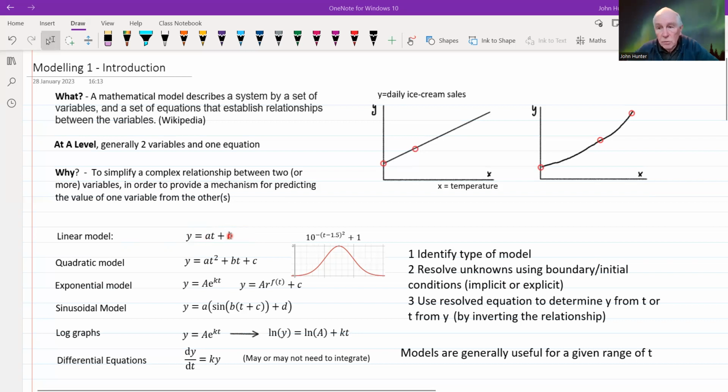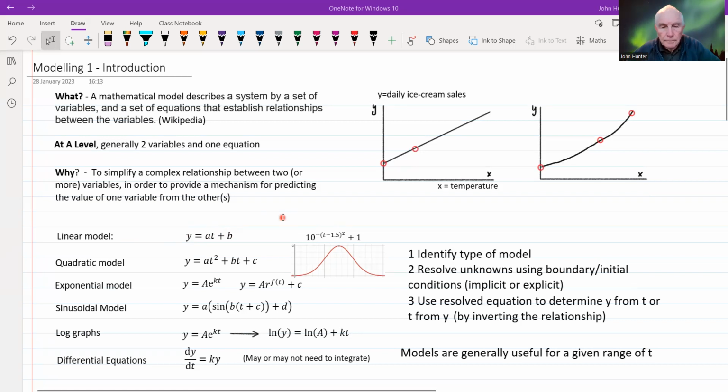So if we have those boundary conditions, those two examples, if you like, of what x is when y is something else, so x-y pairs, then we can resolve these unknowns. Okay, so that will be a nice straightforward linear model.